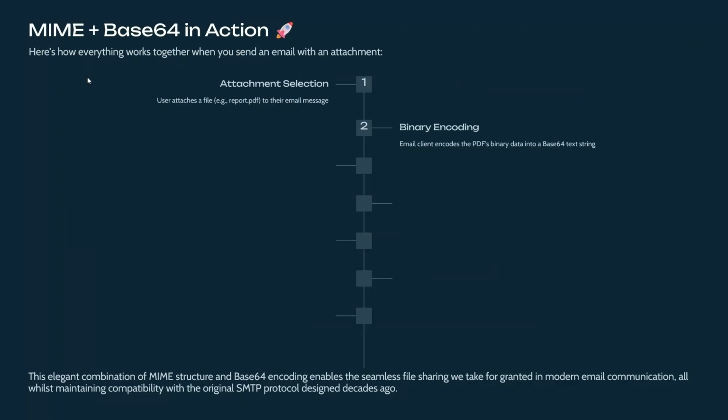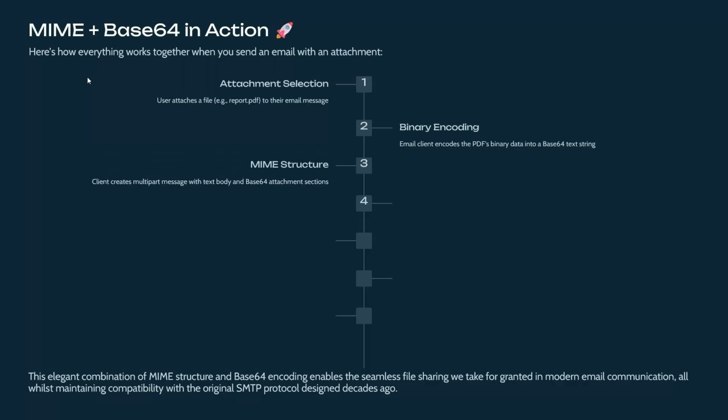The email client reads the file bytes and encodes them in base64. That transforms binary into a long printable stream suitable for the SMTP channel. After that, the client constructs a multipart MIME message. The body is split into parts: the email text or HTML part, and an attachment part.